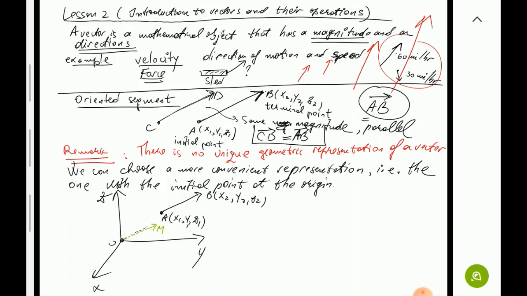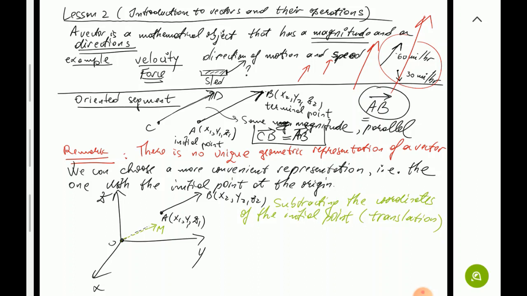That means essentially subtracting the coordinates of the initial point. This is essentially a translation of the segment, by the amounts given by the coordinates x1, y1, and z1.